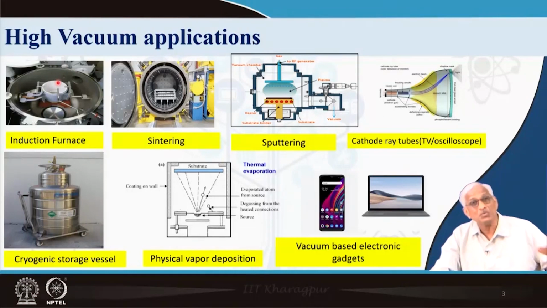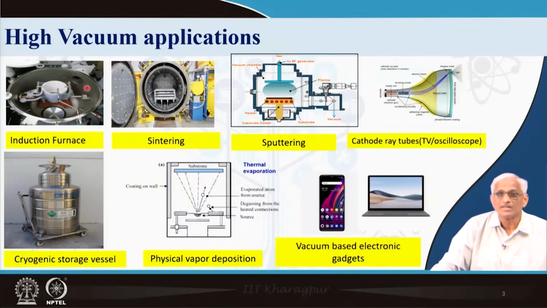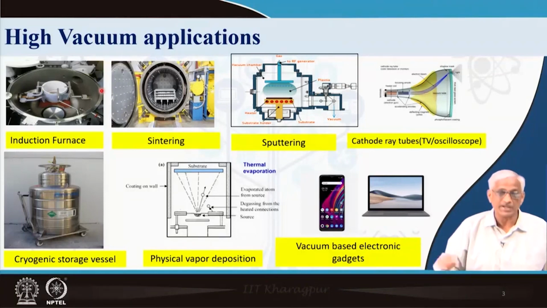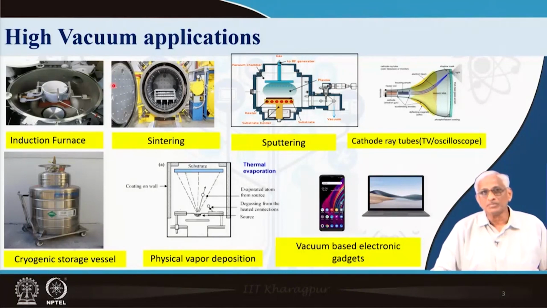And how do you melt it? Electrical methods. You can pass a very high current, or you can also use induction melting. Here it is electrical thermal heating, that is sintering.